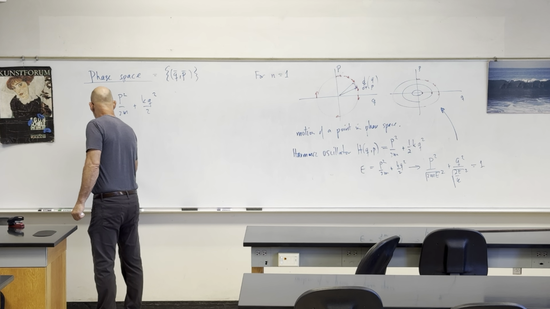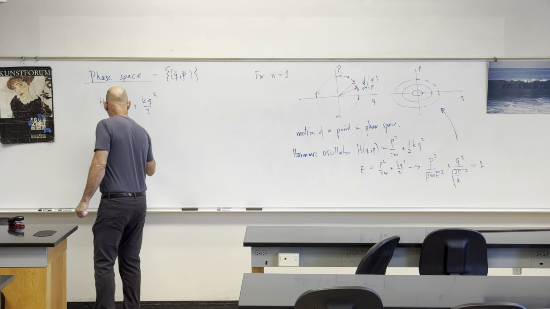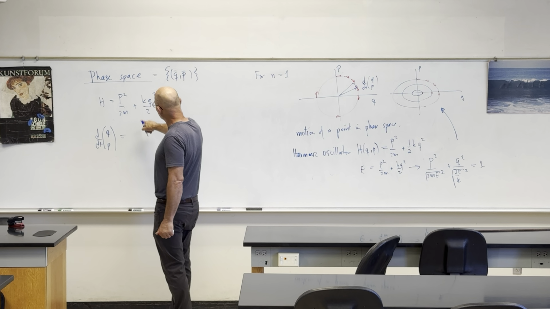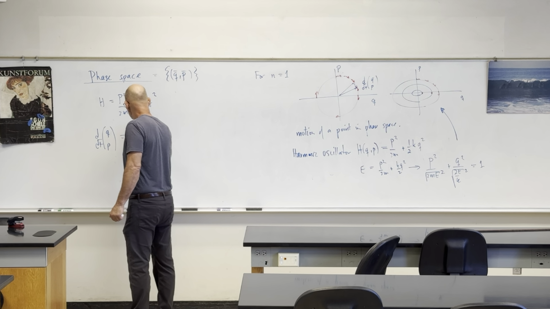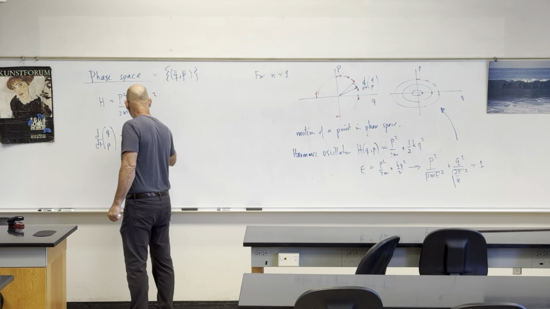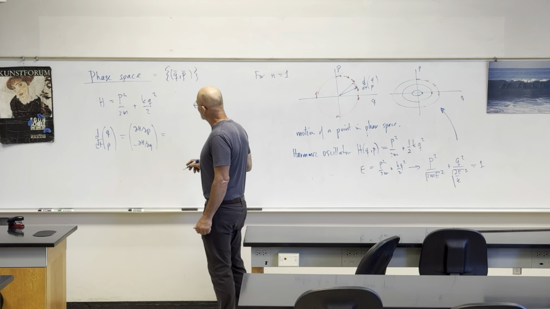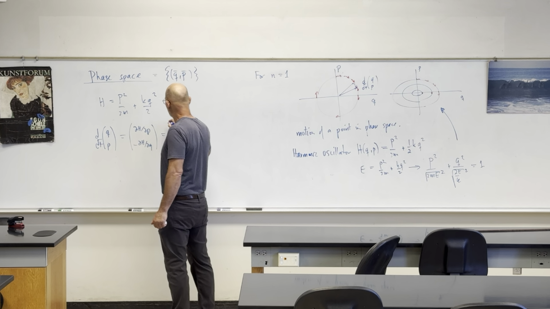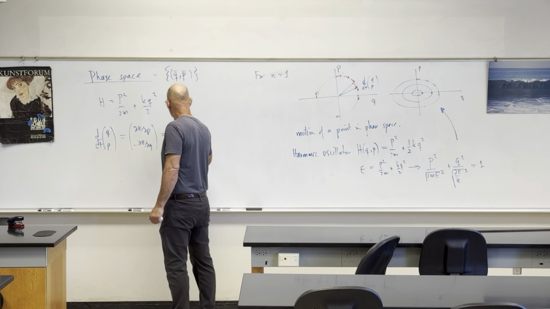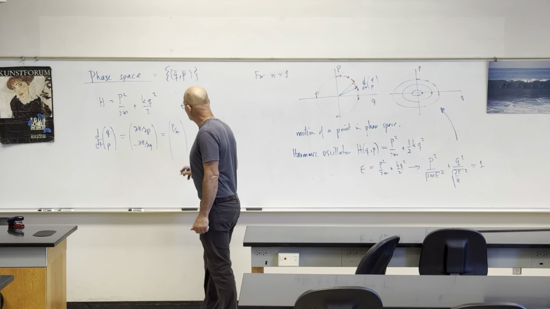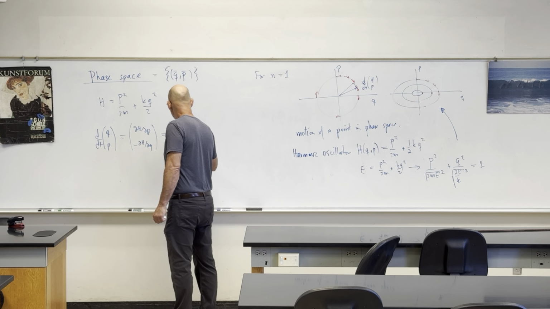We have d over dt of (q, p). So q dot is dH/dp, and p dot is minus dH/dq. We go ahead and write this out. What do we have here? dH/dp is p over m, and minus dH/dq is minus kq.